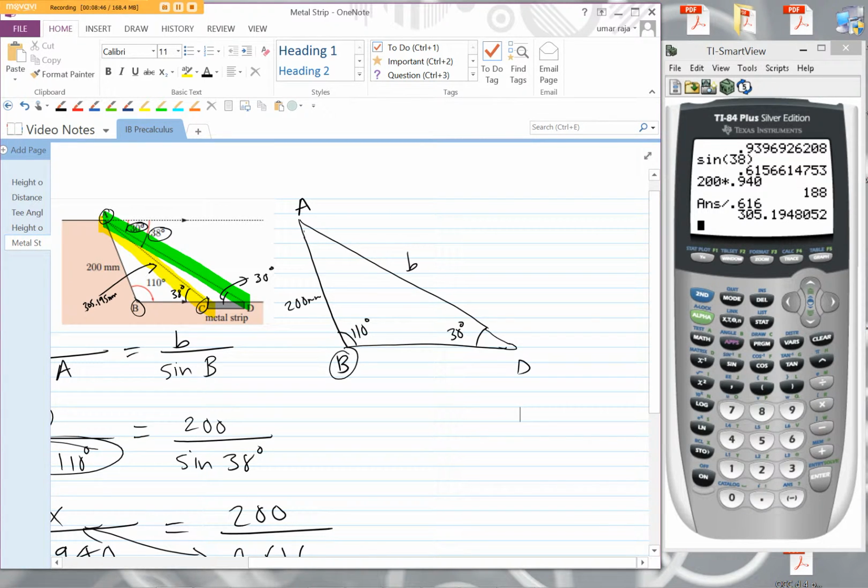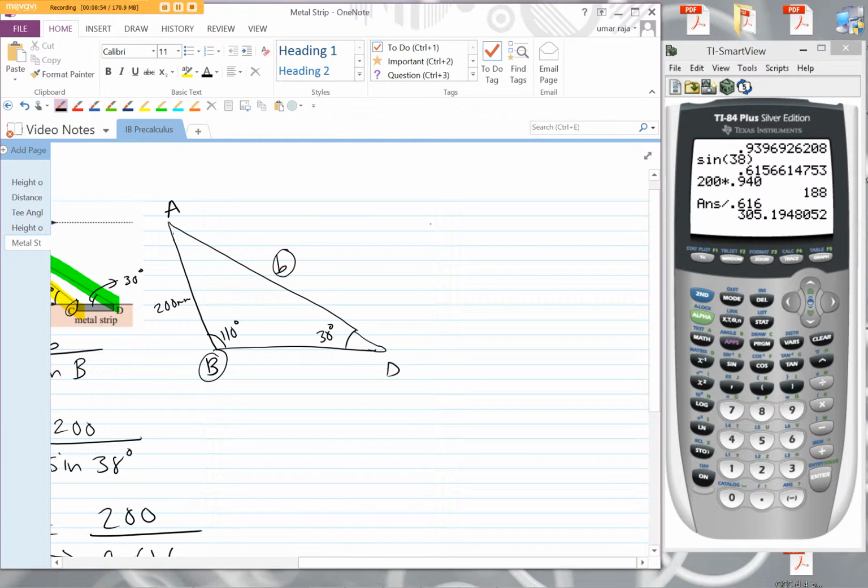Alright guys, so how do you actually start this? Well, since we're solving for this distance, we can again use the law of sines, which says let's set this proportion of b over sine of B is equal to lowercase d over sine of D. Again, the variables are really up to whatever you want to call them, but since that's what they're calling them, we'll just stick with that.